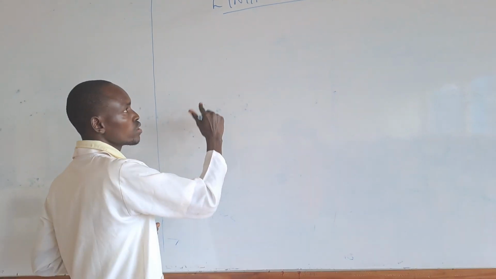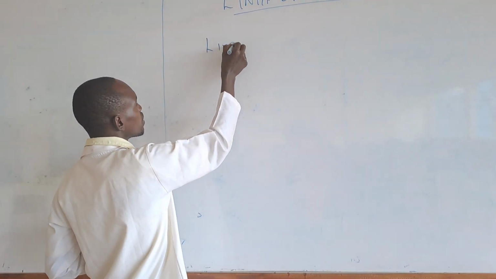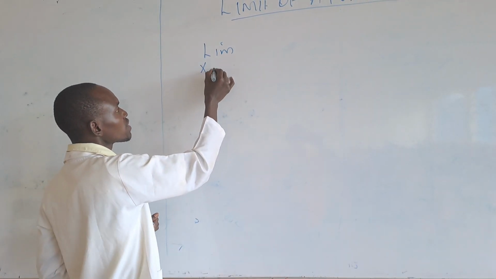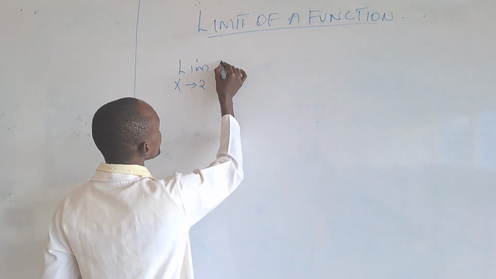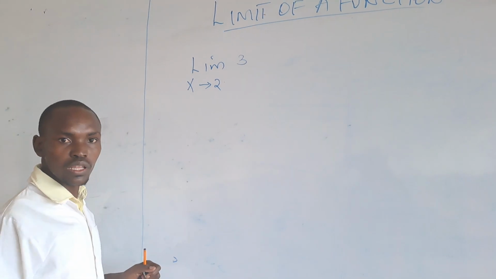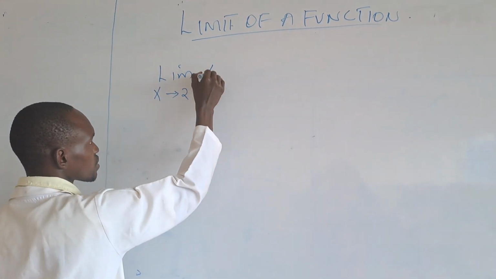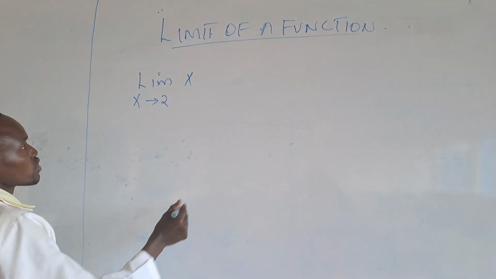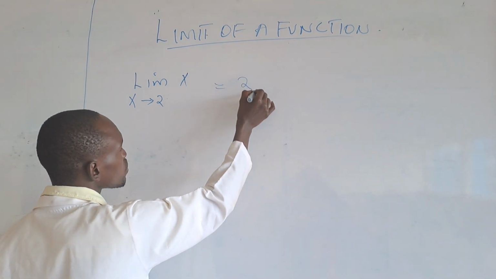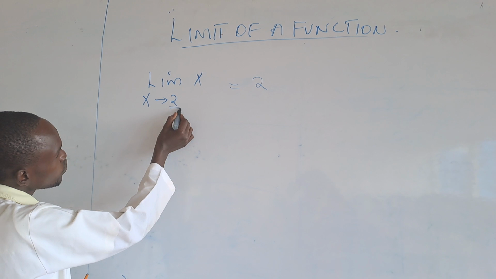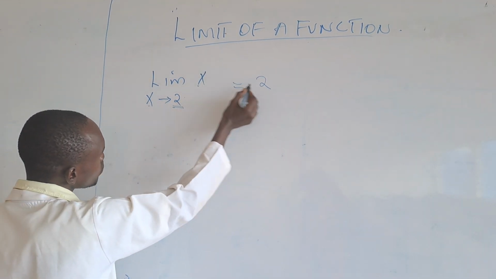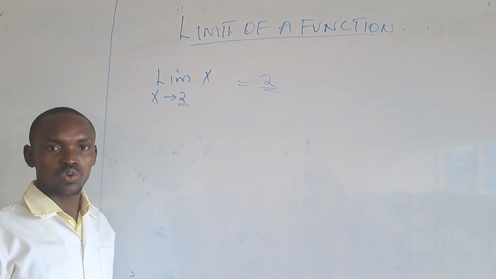So for example, if you're given the limit as x approaches 2 of x, this will be the same as 2. Why? Because x tends to 2, so that will be 2.